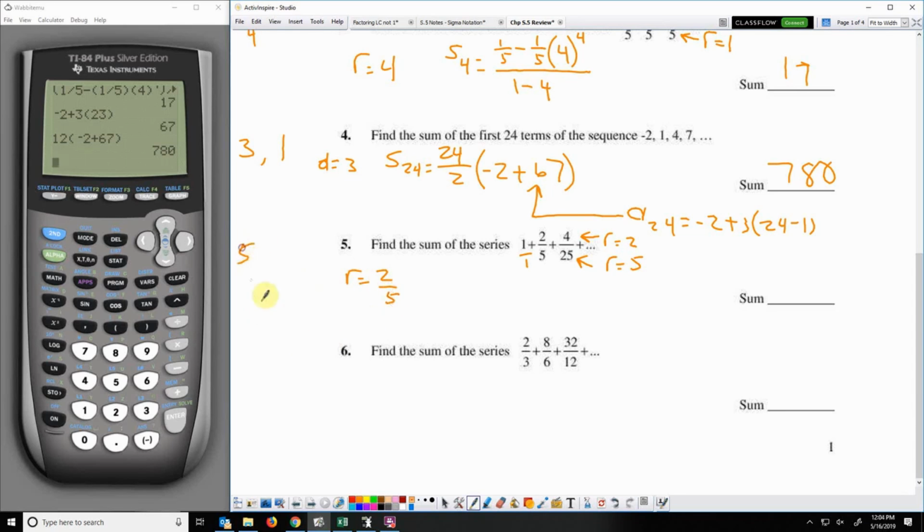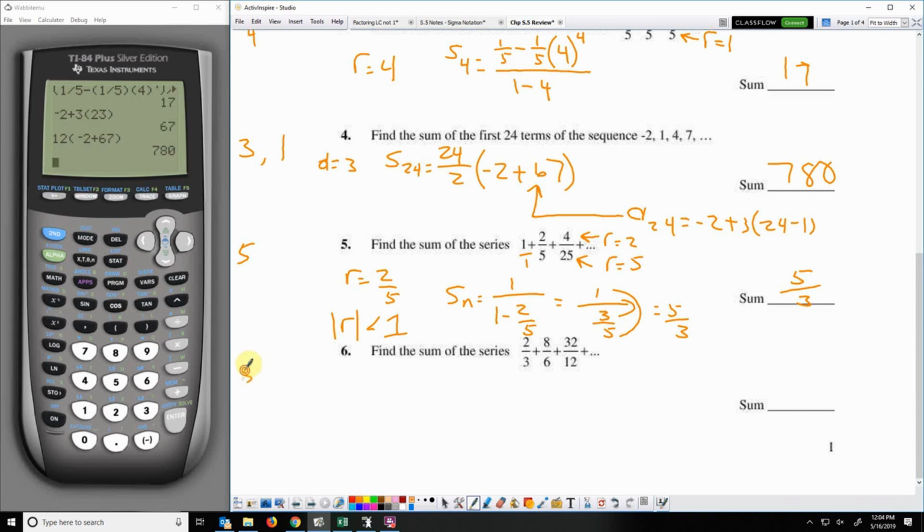So we can use formula 5 because r has an absolute value that is less than 1. Okay, so it's s sub n equals the first term, 1, over 1 minus r, 1 minus 2/5. So that's 1 over 3/5. Outer loop is 5. Inner loop is 3. The sum of that series is 5/3.